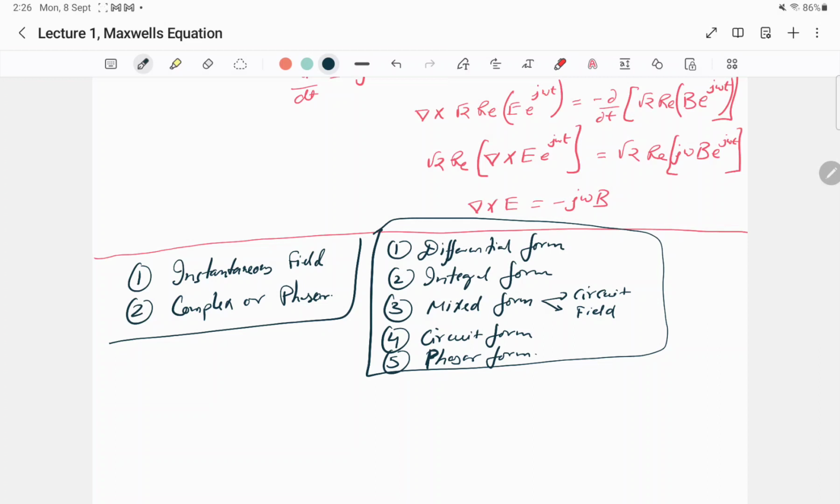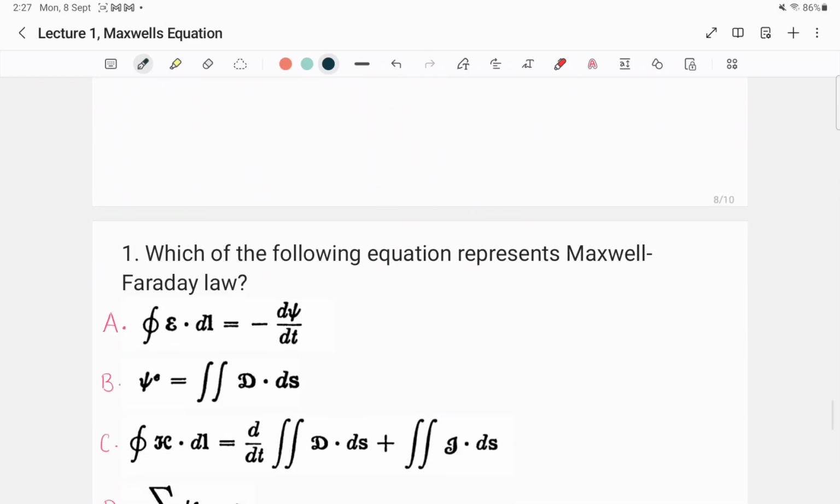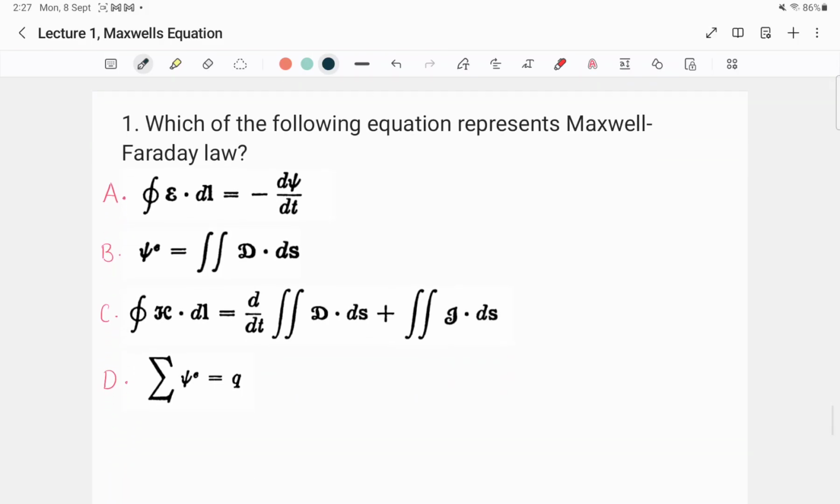So at the end I have framed 2 questions for you, which I would like to see your answers in the comments. The first question is, which of the following equations represents Maxwell's Faraday law.